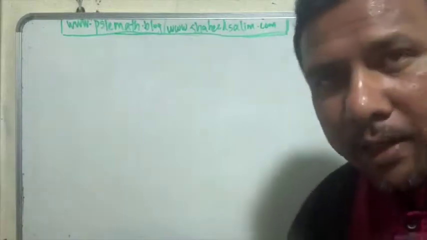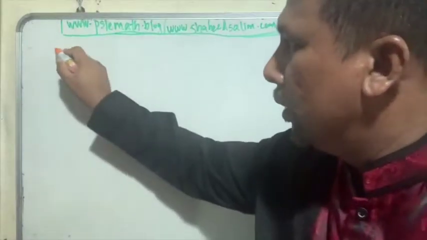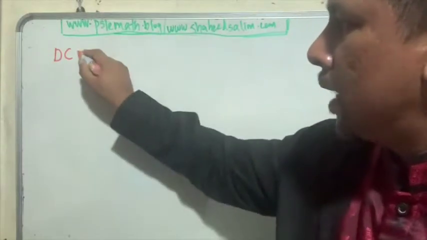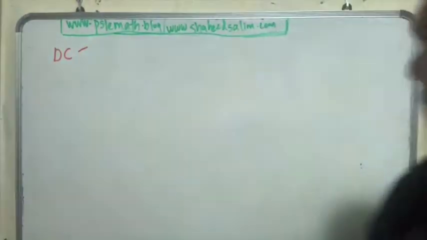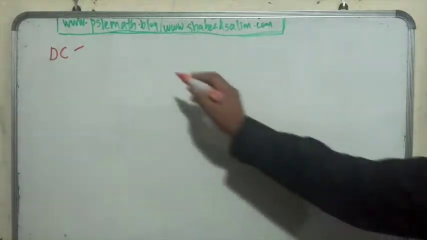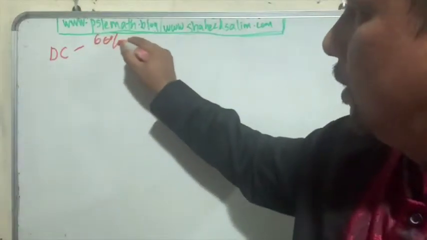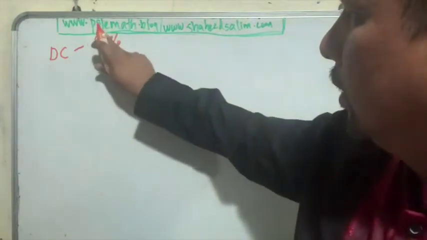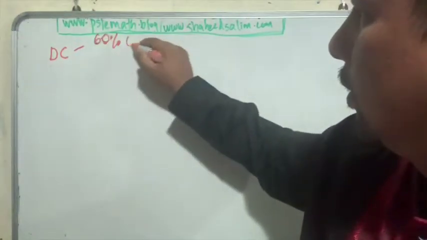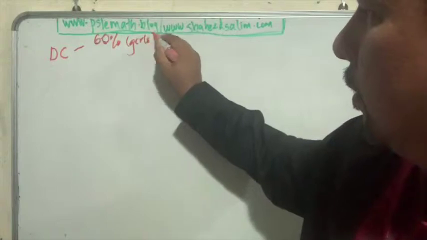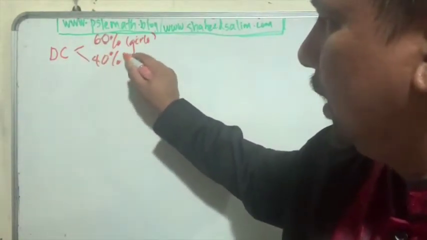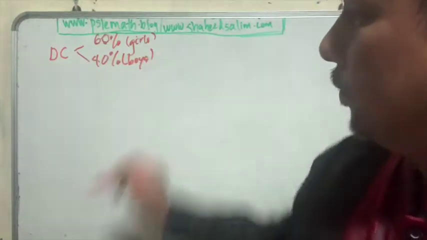Alright, let's explain now. There are two clubs, right? One is dance club, and in the dance club, as we have read earlier, 60% of the club members are girls. 100 minus 60% will give you 40% are boys.